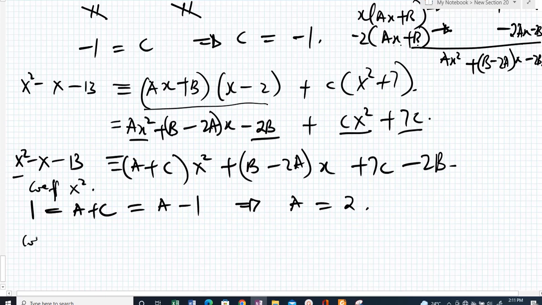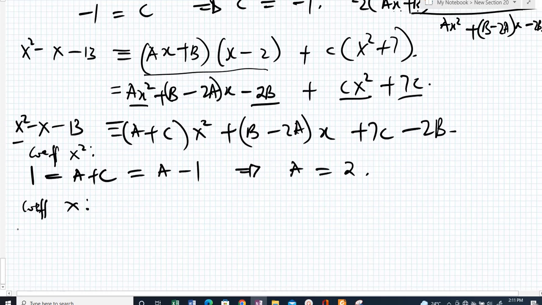So for the coefficient of x, equating the coefficient of x, you have at the left hand side the coefficient of x is minus 1, at the right hand side the coefficient of x is b minus 2a.